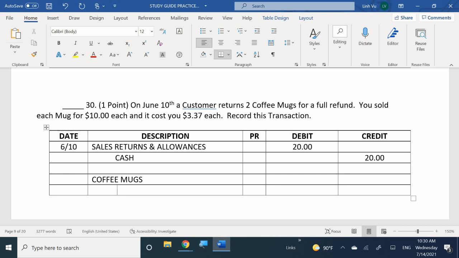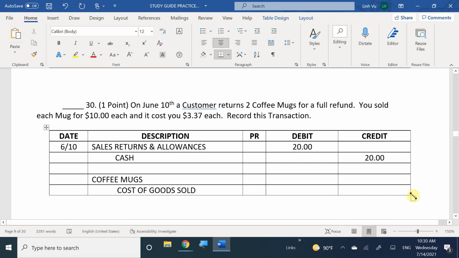Cost of goods sold. Yes, we have to undo that we sold these coffee mugs. So how much is my total cost of goods sold? $6.74. Good. Excellent.